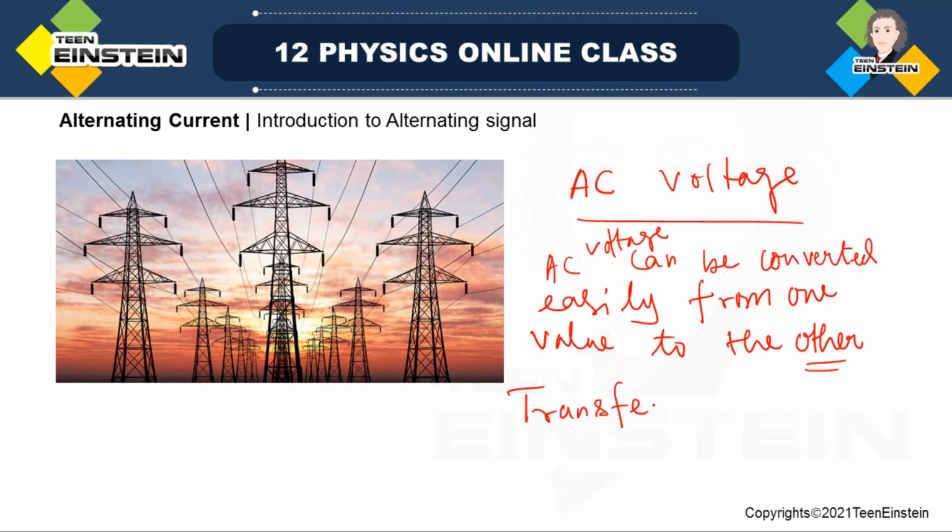We'll learn at the end of this chapter what a transformer is. So if you have, suppose, a 100-volt AC signal, you can convert it to 1000-volt by using a step up transformer. Or if it is 1000-volt, you can do the reverse also, you can reduce it to 100.